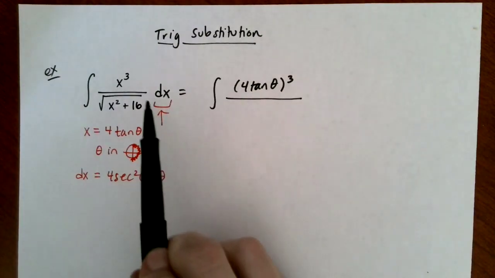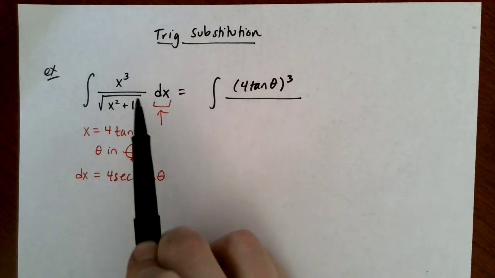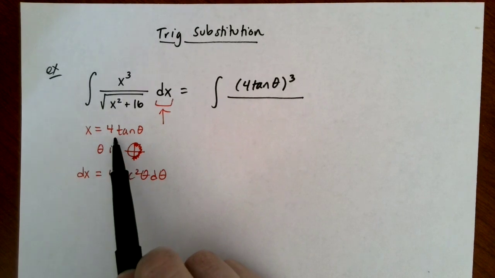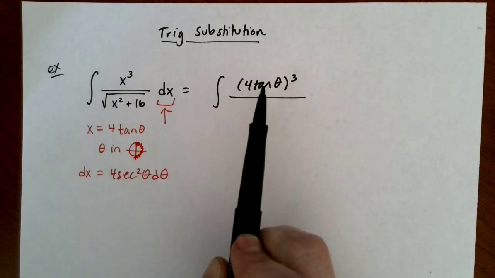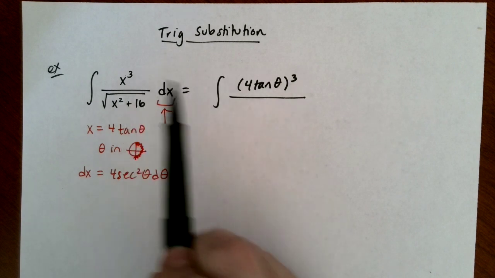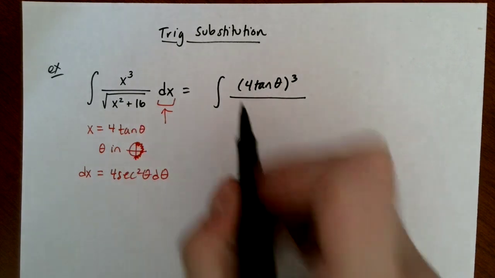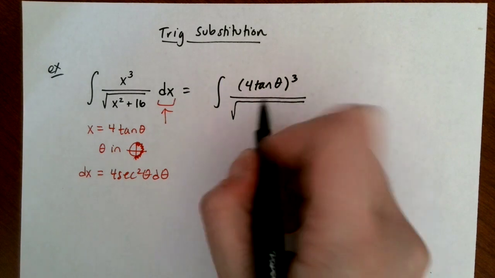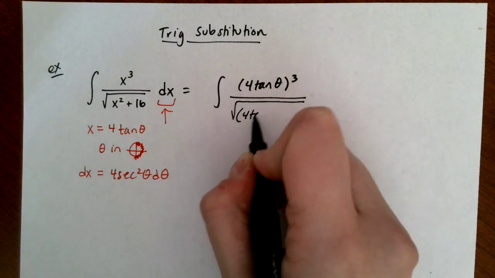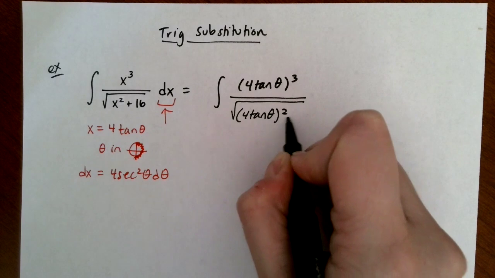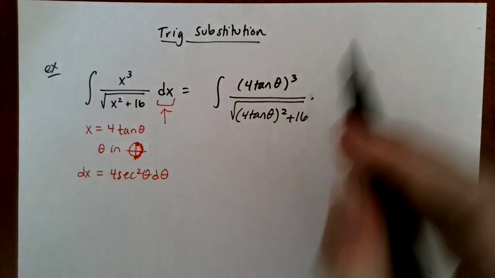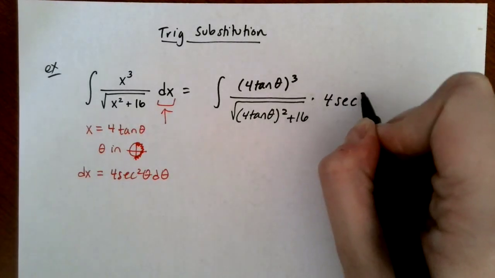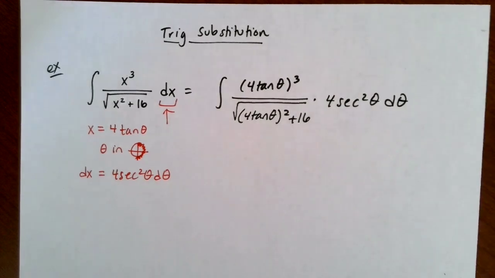That x cubed in the numerator is just sort of along for the ride. It wasn't the reason we chose the trig substitution, but everywhere there's an x here, I've got to put in 4 tan theta. So x cubed becomes 4 tan theta cubed. And then in the denominator, square root of 4 tan theta squared plus 16. And then, of course, the dx is all of this, 4 secant squared theta d theta.